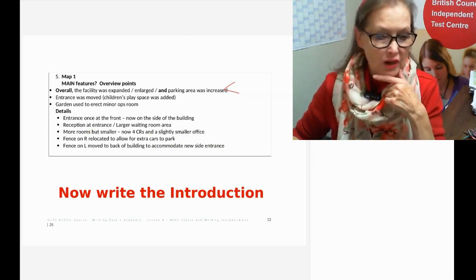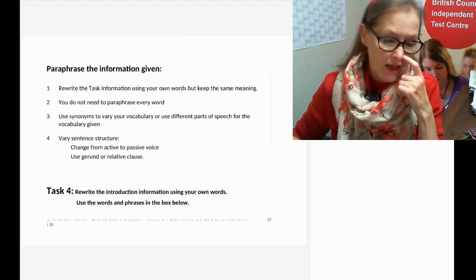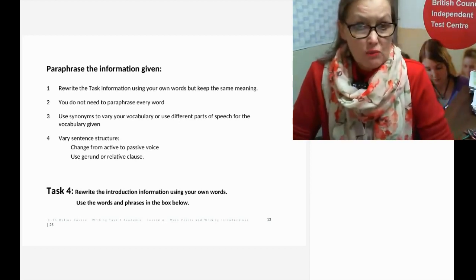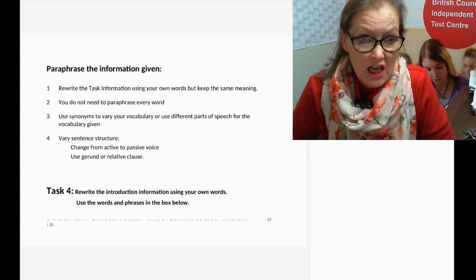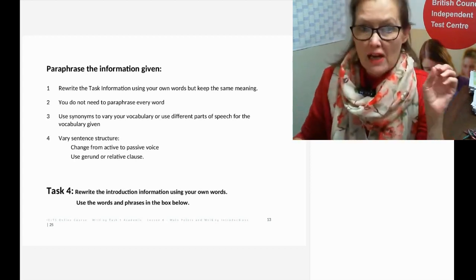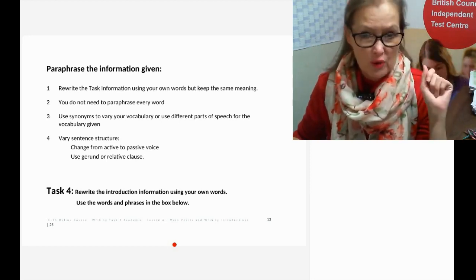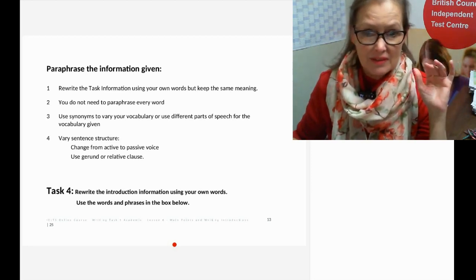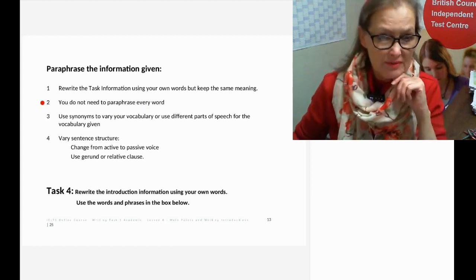And now let's move on and write the introduction. And first of all, let's just have a quick chat about introductions. This will be revision if you were with us online for our lesson last week. But remember to paraphrase the information. Rewrite it in your own words, but keeping the same meaning. You don't need to paraphrase every word.